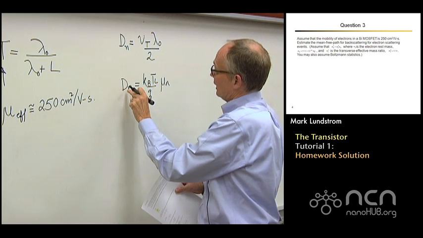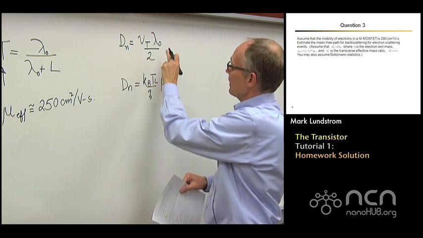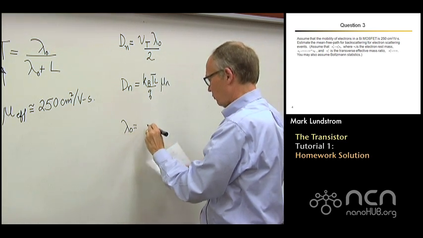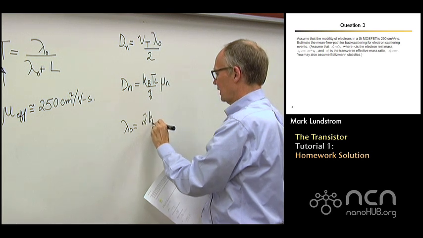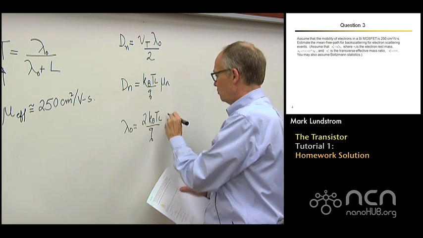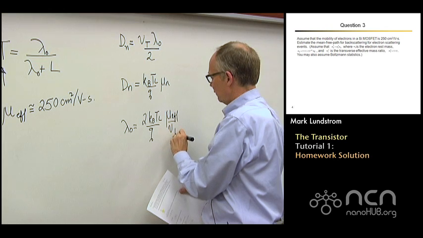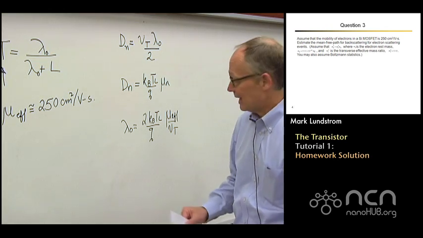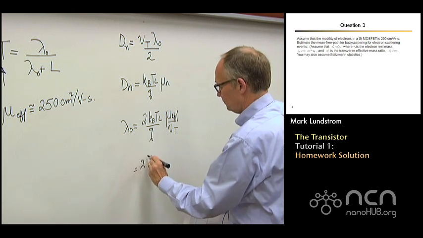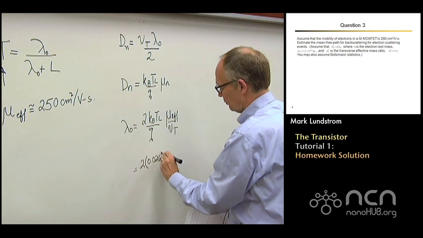So we can simply insert this expression for the diffusion coefficient in the first equation, and then we can solve for the mean free path. And the result is that the mean free path is 2kT over q times mobility divided by the unidirectional thermal velocity. Now all we need to do is to plug in numbers. kT over q is 0.026 volts at room temperature.